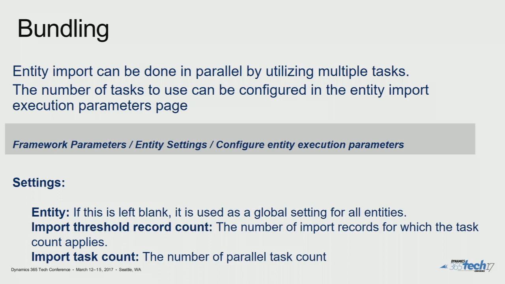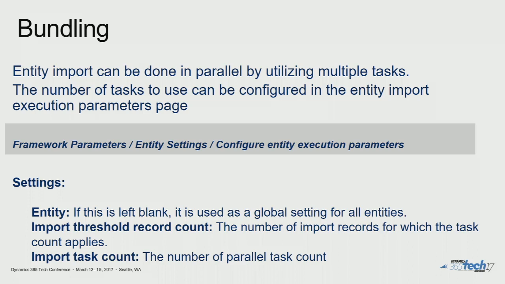If you're coming from 2012, the setup has really changed. The configuration is under framework parameters and entity settings. Typically you would see 3 settings here. The entity name: if you have left the entity name blank, it assumes this particular rule applies to all the entities, and if you have provided a name or selected an entity, then it is specific to that entity.